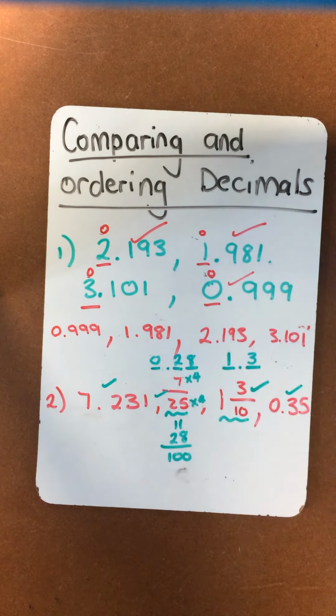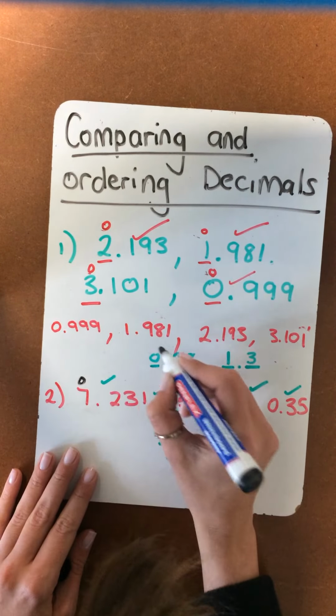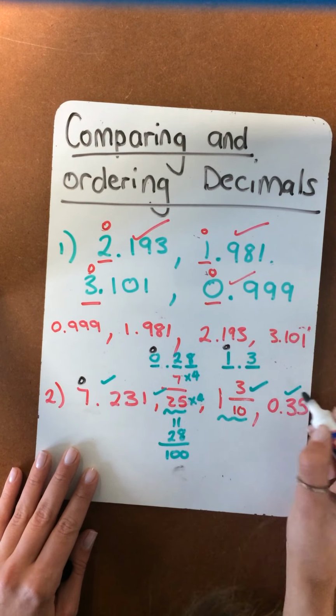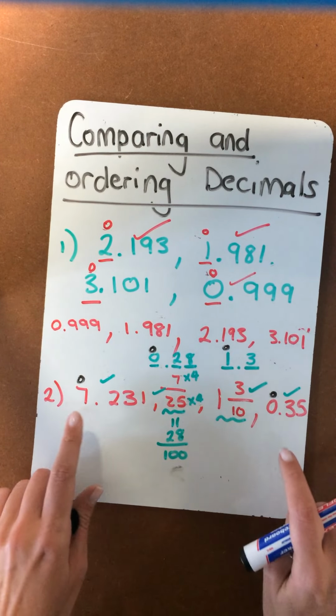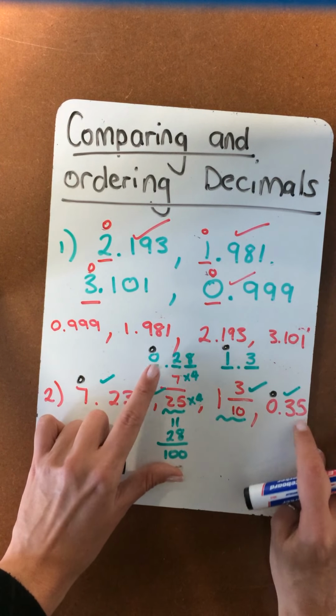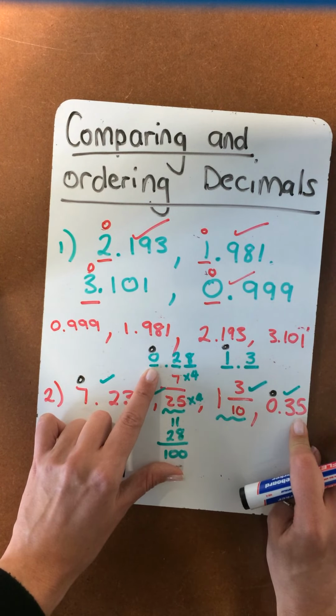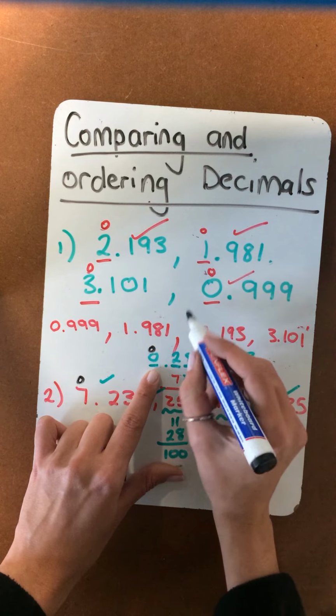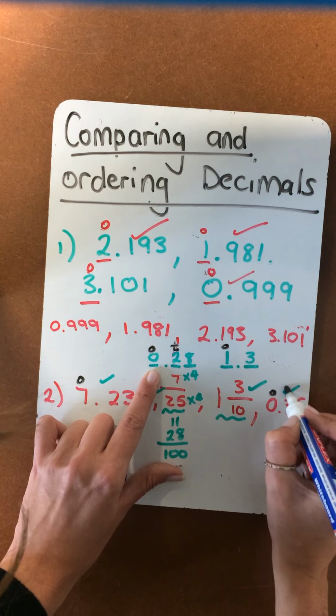I look first at all the ones columns. 1, 1, 1, and 1. Okay, here I have 0 and here I have 0. So these 2 are the smallest. To find out which is the smallest of the 2, I move on to the tenths column.